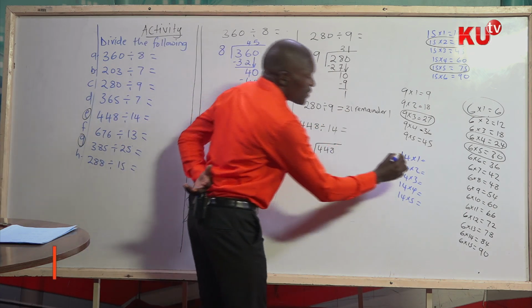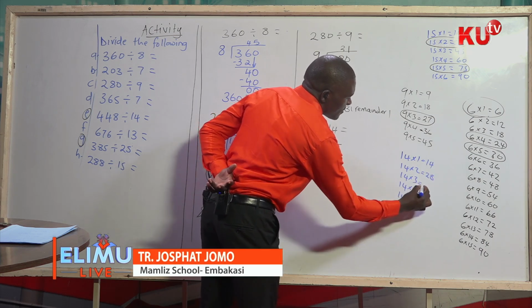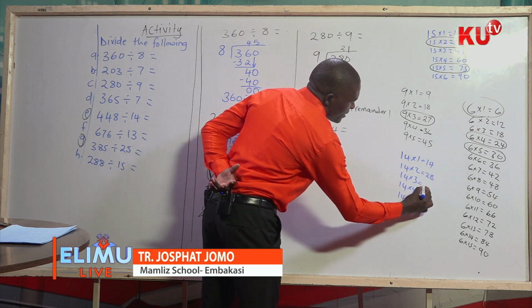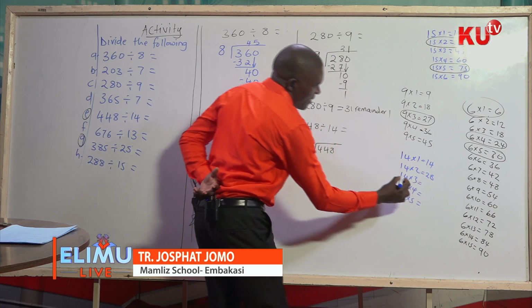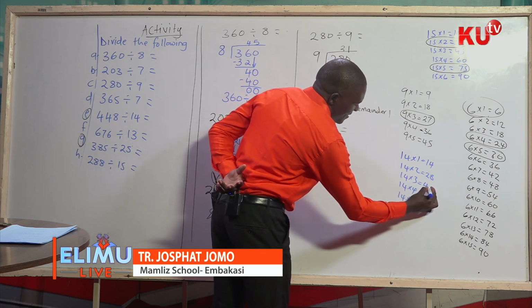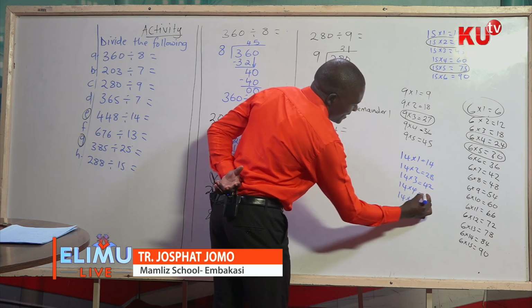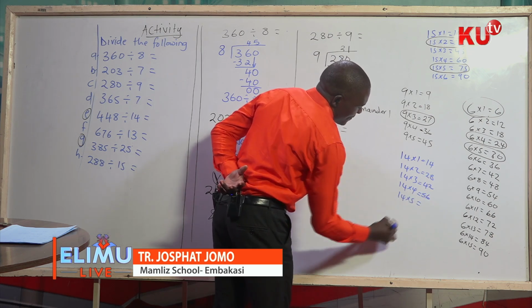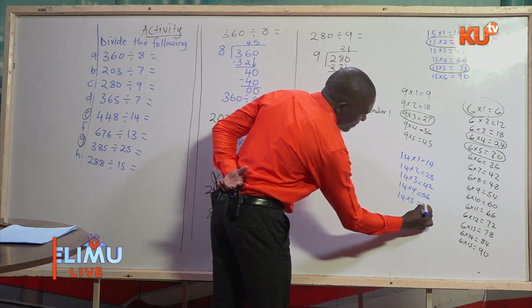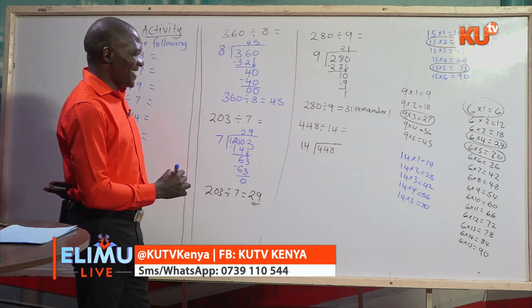So 14 times 1, that is 14. 14 times 2, 28. 14 times 3, that is 42. 14 times 4, 56. 14 times 5, 70.